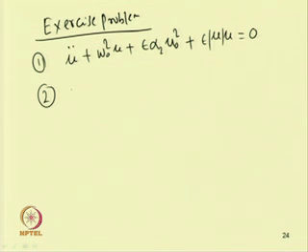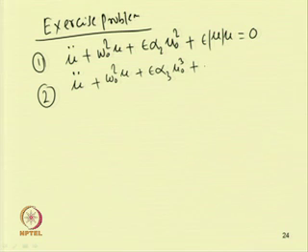Let me use another equation with cubic damping: u double dot plus omega 0 square u plus epsilon alpha 3 u 0 cube. With Coulomb damping also one can write epsilon mu N signum u dot equal to 0.